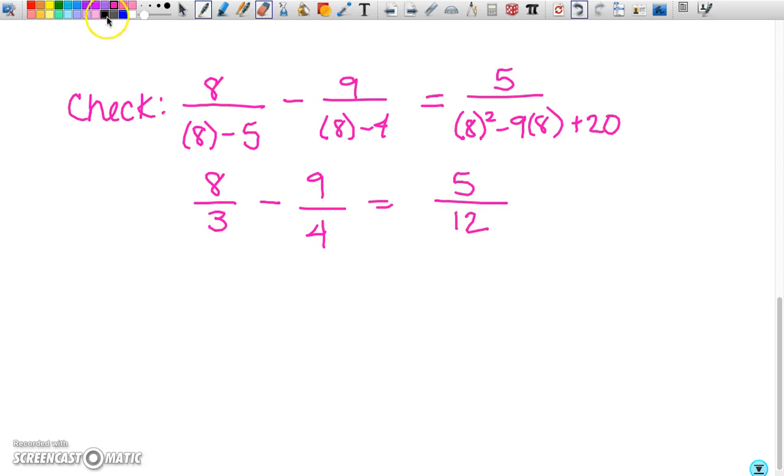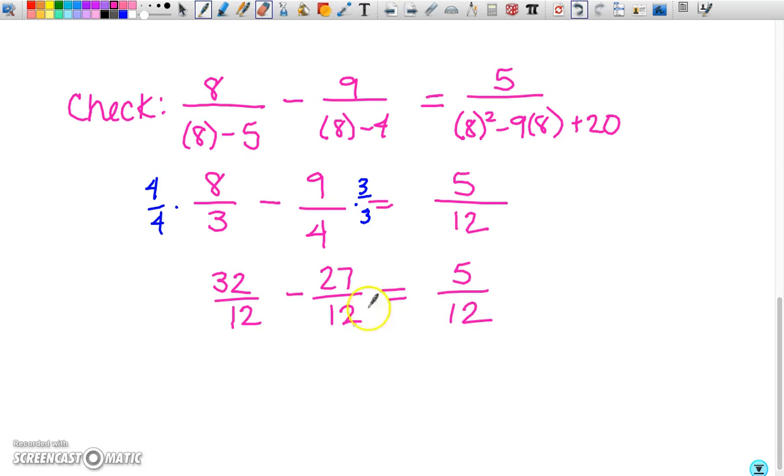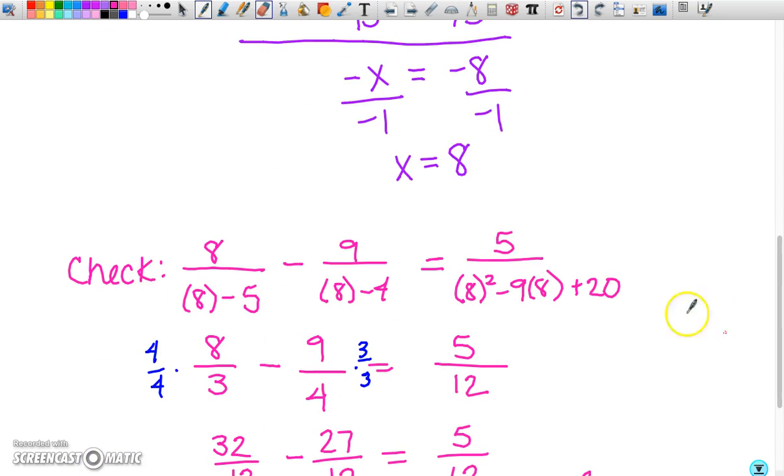And a common denominator here would be 12, so I'm going to go ahead and multiply this by 4 on the top and bottom, and this one by 3 on the top and bottom, so that we end up with 32 over 12 minus 27 over 12 equals 5 over 12. And when you subtract these two, you get 5 over 12 equals 5 over 12. And since that does work, that means we do have a solution of x equals 8. It is not extraneous. It does in fact work. And there you go.